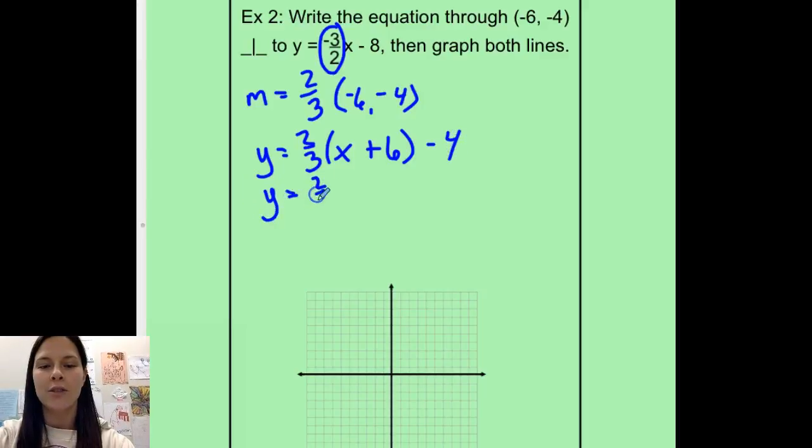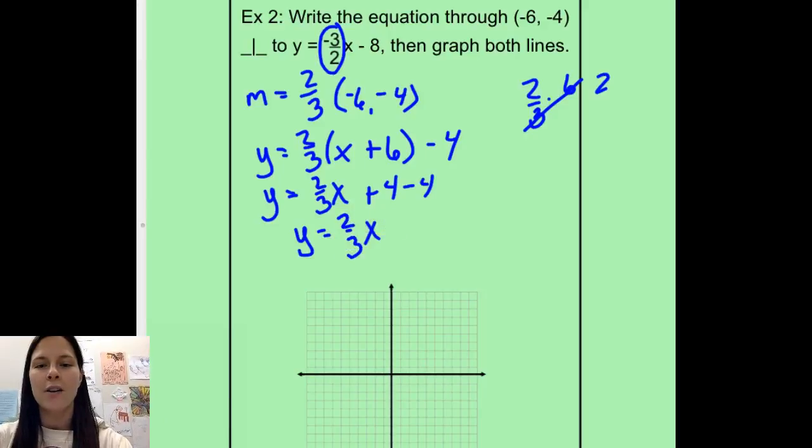We're going to have to distribute that 2/3 to our 6, so we can do that work off to the side. Remember, 3 goes into 6. We're dividing first. 6 divided by 3 is 2, and then we have 2 times 2 is 4. And 4 minus 4 gives us 0. So we have y equals 2/3 x for the equation of our perpendicular line.